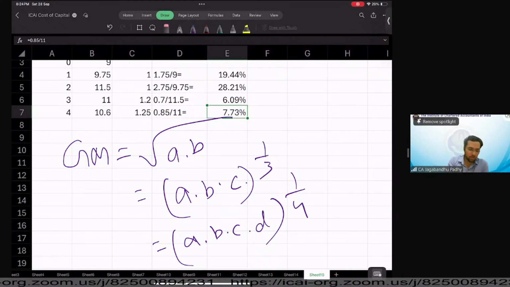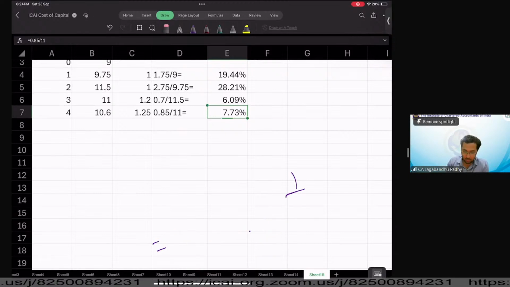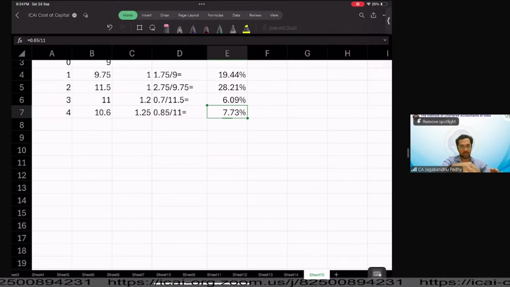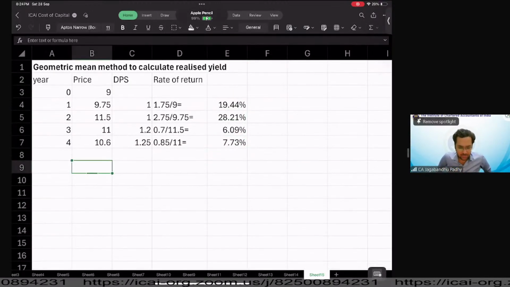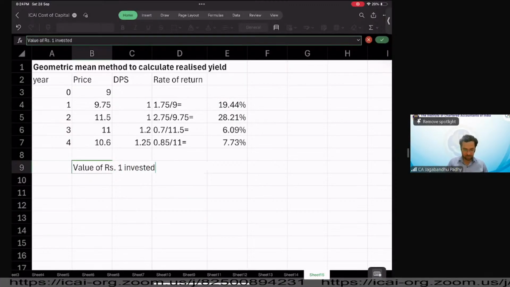Now, something of this sort we are going to do over here also. Geometric mean return is going to be computed over here on similar lines. What we do is take the value of rupee 1 in year 1, which was invested in year 0.